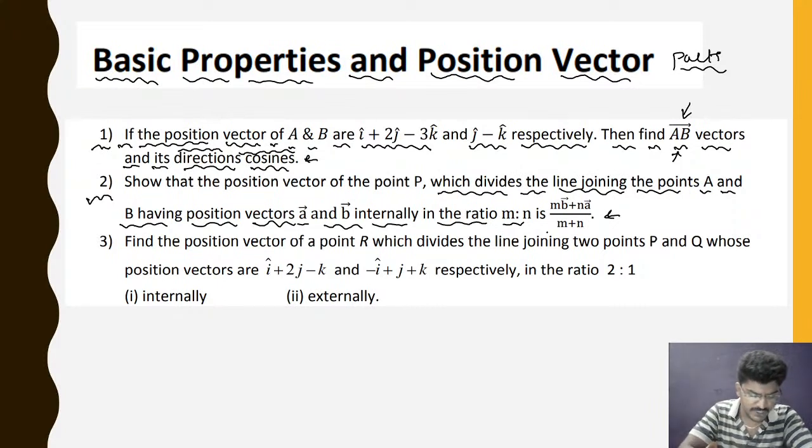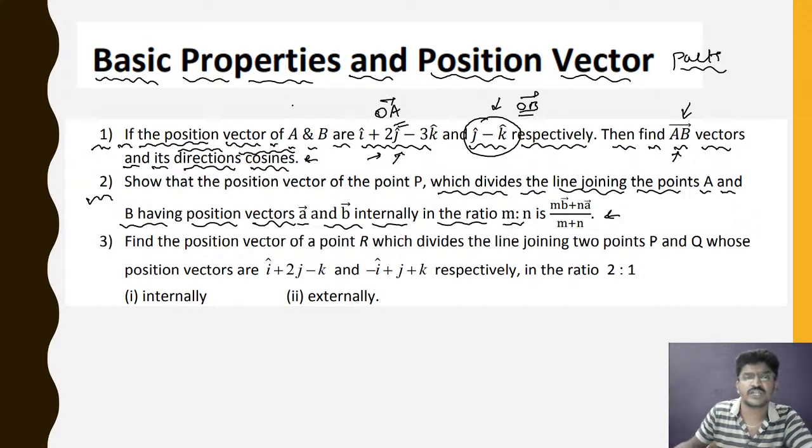All of you, please tell me how many of you know the section formula? So Prabhudev Hiremat, see, they have given in the problem j cap minus k cap. That's why we should take it as OB vector, because they have given two vectors. The first one will always be the OA vector, the second one will always be the OB vector.